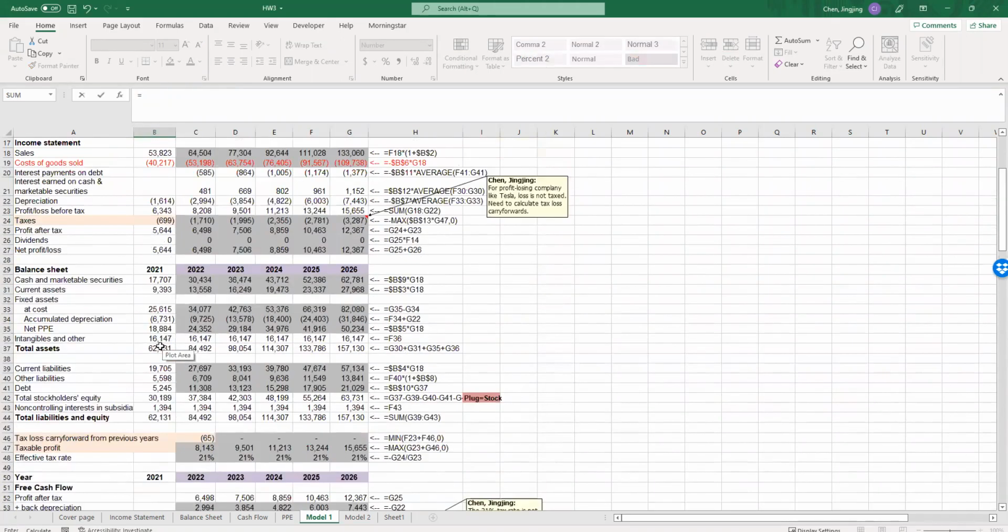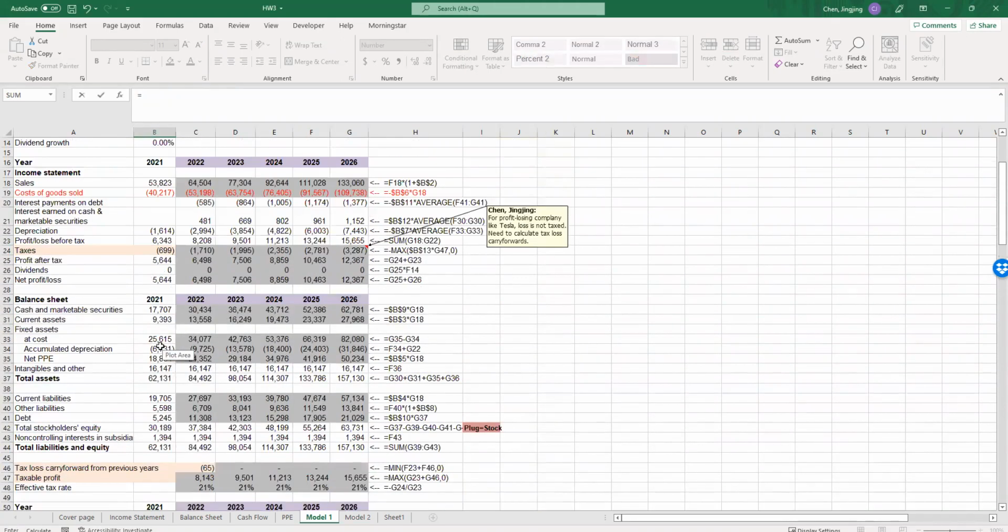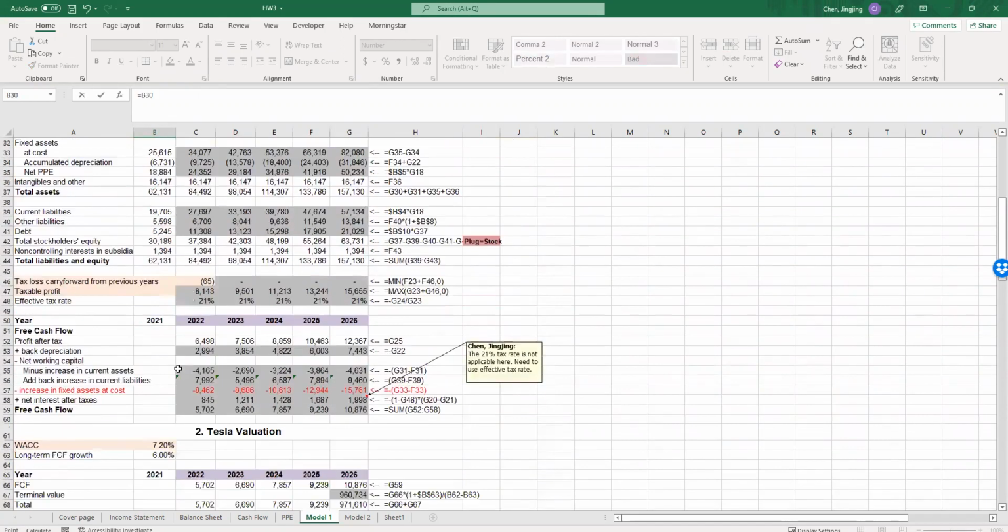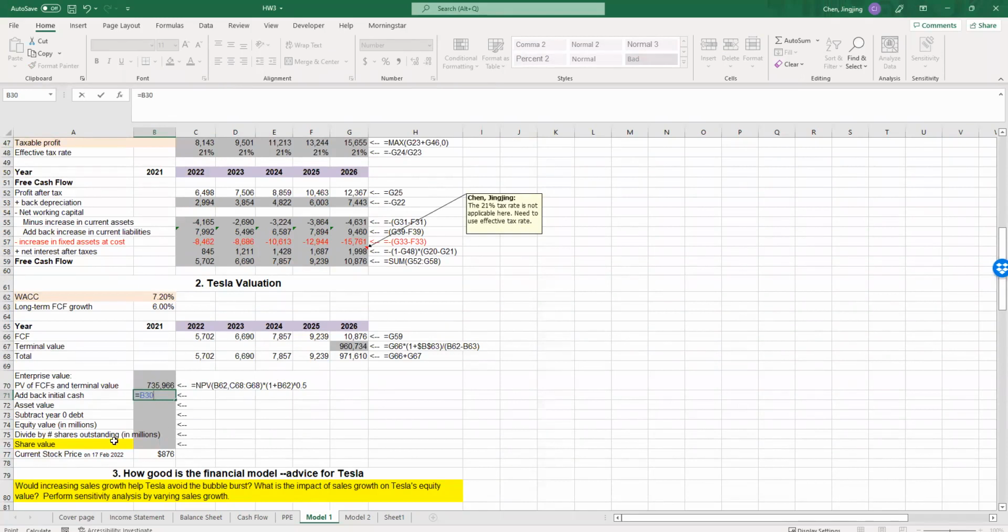Add cash back. Asset value is here plus this. Subtract year 0 debt.